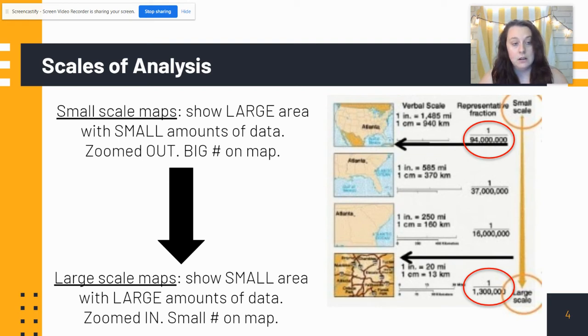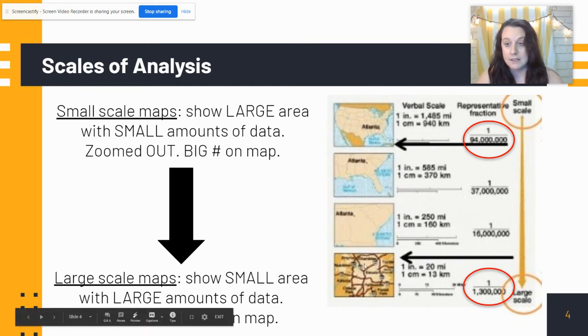So you can see here small scale maps show large areas. And they're called small scale because they show small amounts of data. So, for instance, the most zoomed out map here you can see is the national map of the United States. Okay, so this is the smallest scale map in relation to the rest that we are looking at.